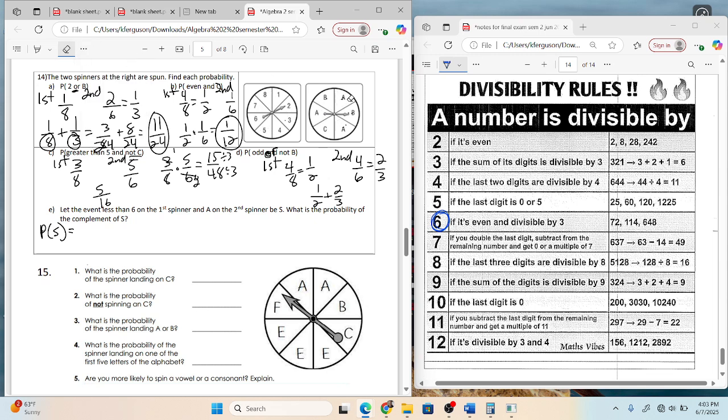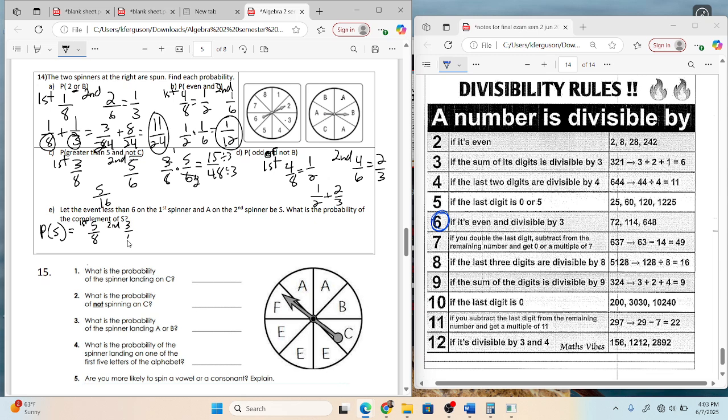I want less than 6, right? So less than 6 is 1, 2, 3, 4, 5. So that's going to be 5 over 8. That's my first event on the first spinner, and then A on the second one. 1, 2, 3. That's 3 out of 6 for the second event.